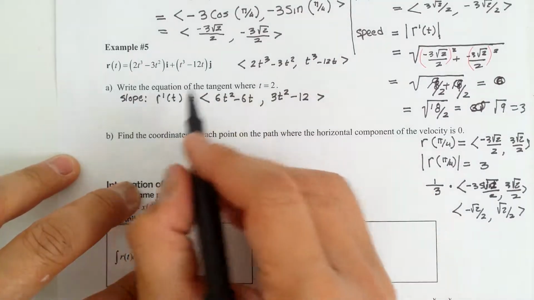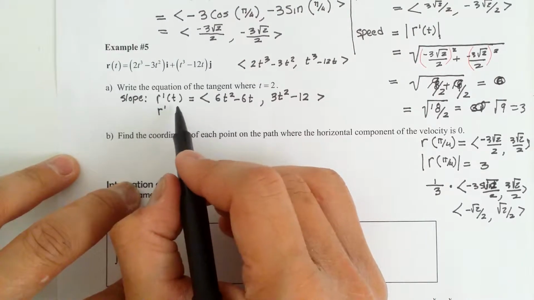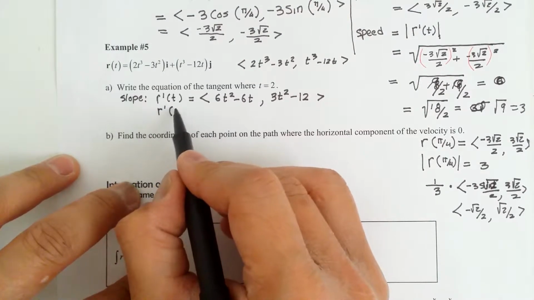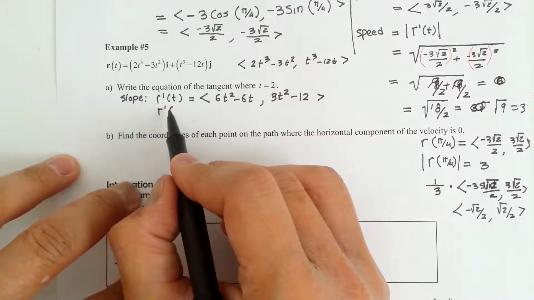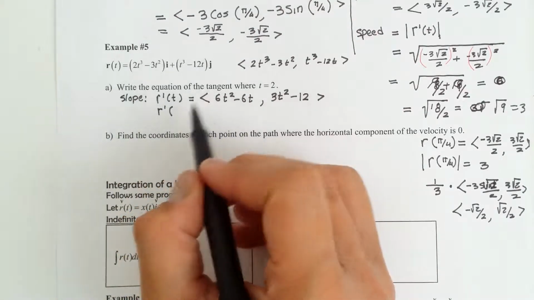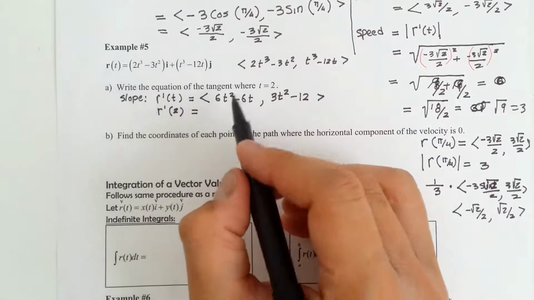So I want the slope at t equals 2, right? So the slope, which means that I need to replace 2 in here. Okay, what do I get?